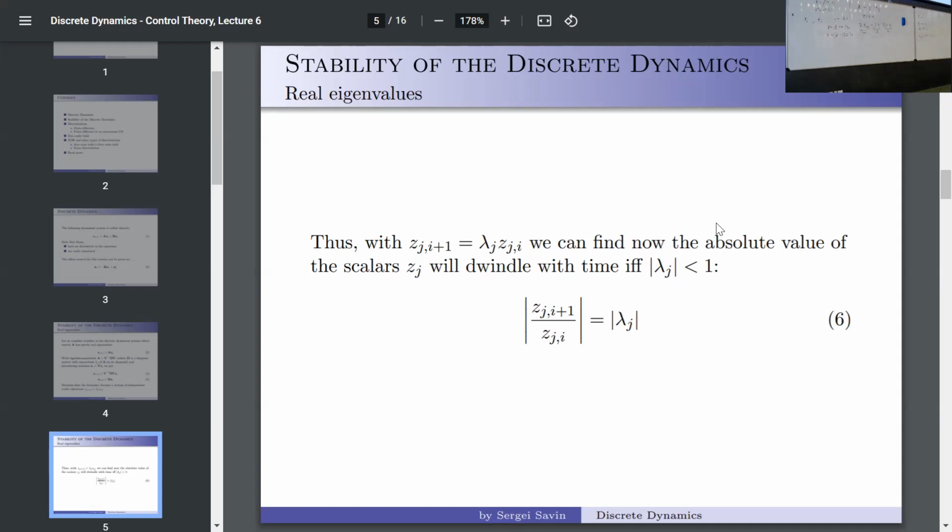Yeah, that's why I was asking before. So let's consider Z1 sub i plus 1 and Z2 sub i plus 1 equal to, let's say, 2 and 0.5.